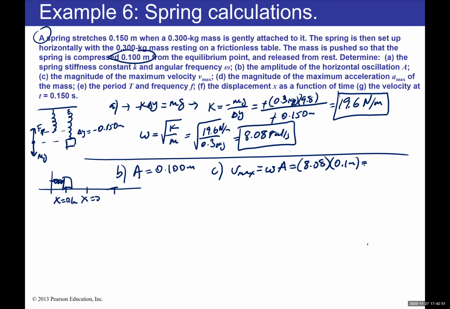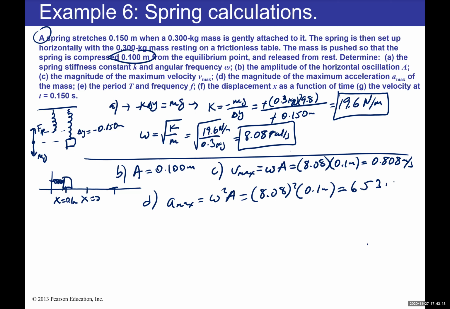So I can find v max, which will be 0.808 meters per second. All right, so then part D says find the maximum acceleration. So I can also do that because a max is equal to omega squared times A, which is 8.08 squared times 0.1 meters. And I can find this to be 6.53 meters per second squared.